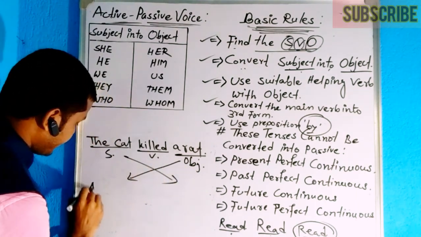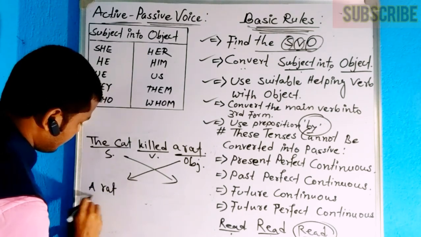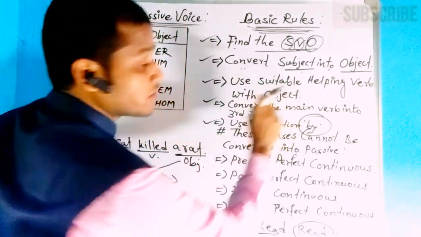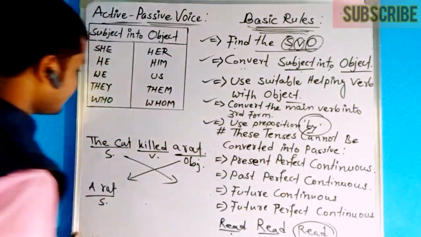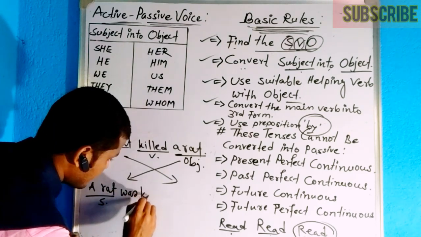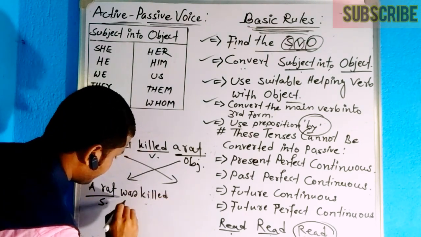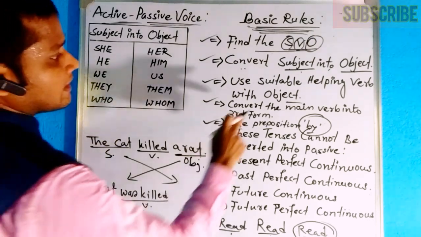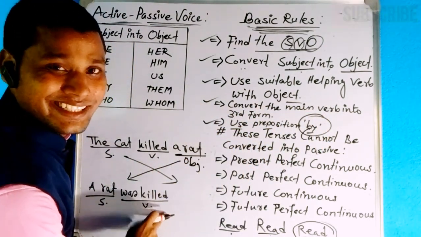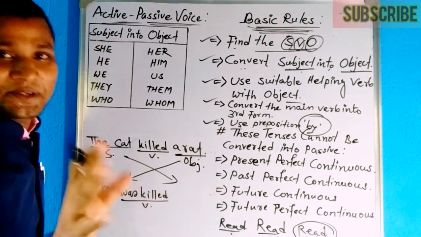A rat became the subject here. Use a suitable helping verb with the object. So killed will be was killed. Convert the main verb into third form. I have already converted: killed, killed, killed. I hope you know.